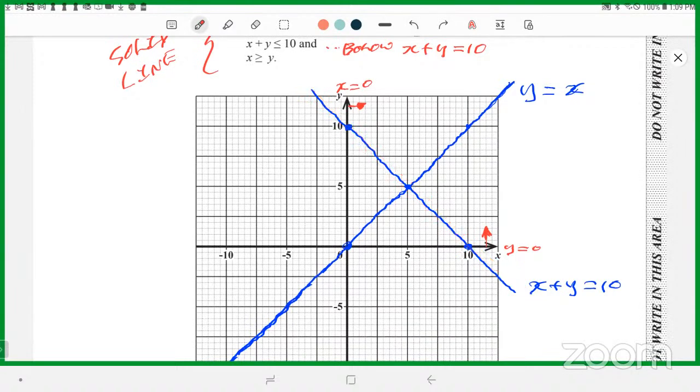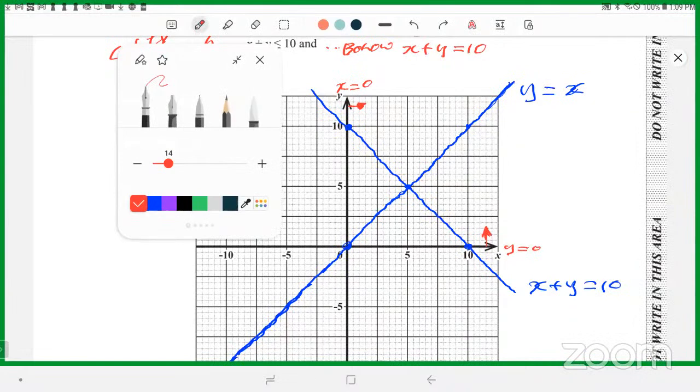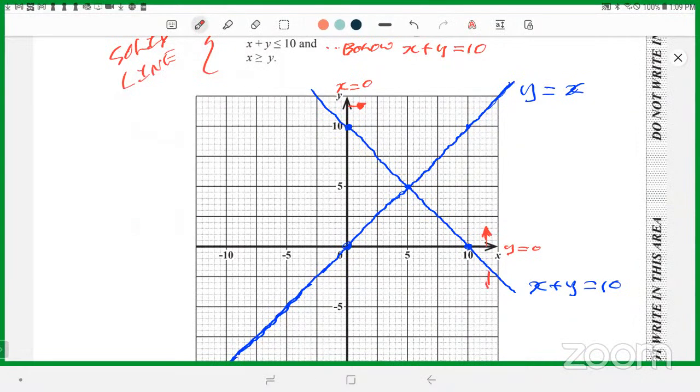So we're going below that line. We want the region that is below that line. So let's narrow it down now. I'm going to put the arrow below it, meaning that I want below this line. So we want to the right of this line, above this line, and below this line so far, which then is this triangle. So we are narrowing down the area that we want.